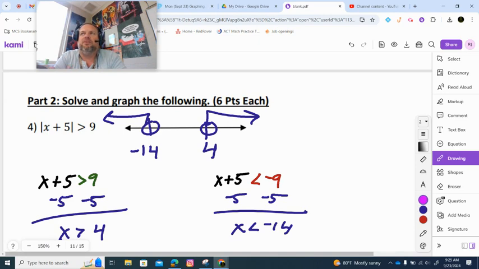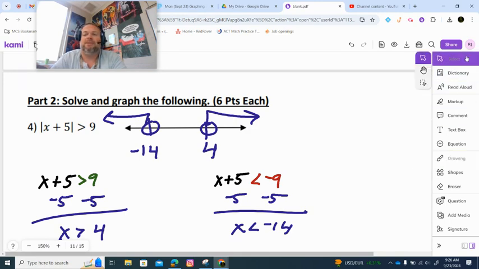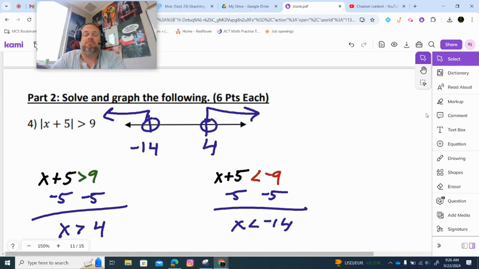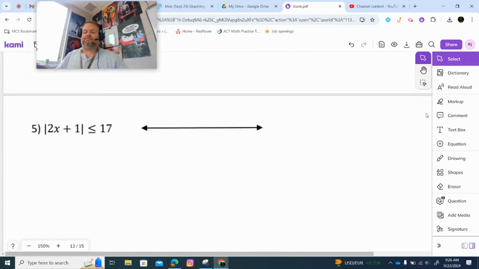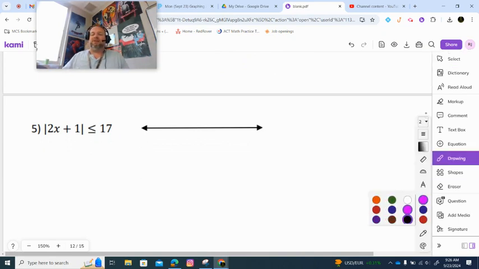I want you to graph those solutions, just like we have done Friday and today. And guess what? We're going to do it tomorrow. Somebody Wednesday will act like they've never seen this before. It's usually not in this class that that happens.